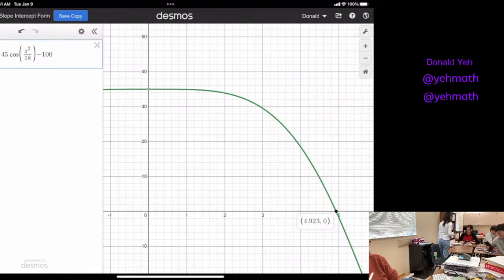And then you have to go to integration, so you have to do a table and chart here. What happens is you have to figure out the integral between 0 and 4.923. That is going to be your amount, but you have to do the table: between 0 and 8, and between 0 and 4.923. Okay?